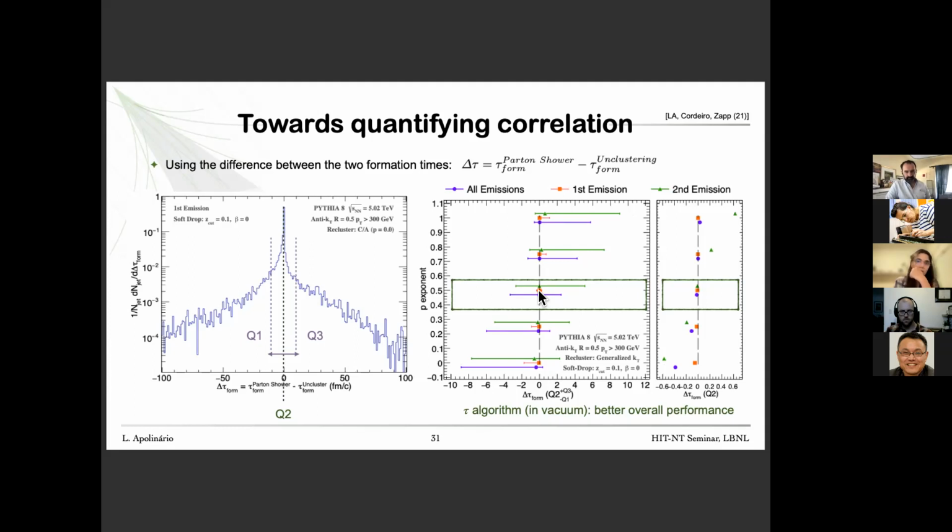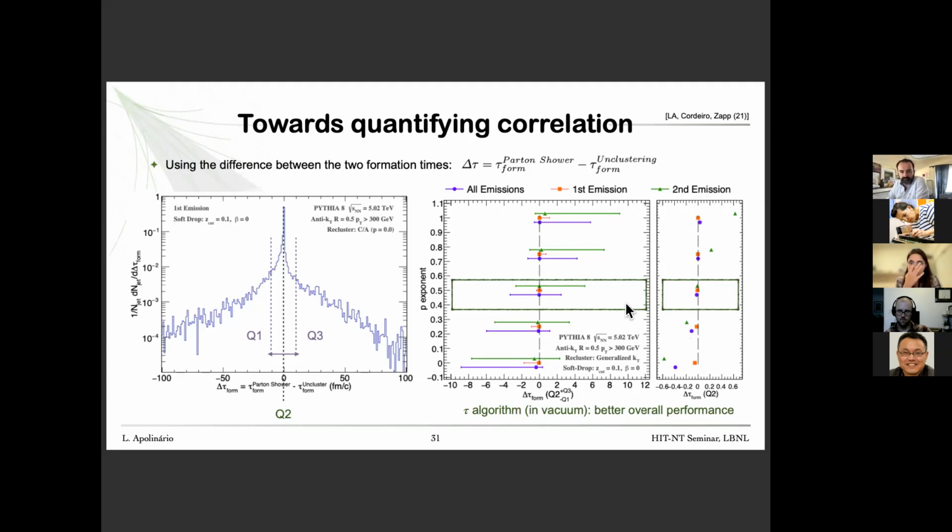I have to digest this figure again, but it almost tells me how the distribution looks for different P exponent. I see. Yeah. So for the first emission, on average, for the median, they more or less behave the same.